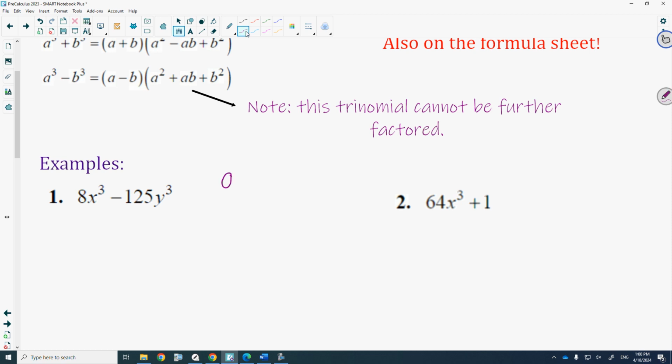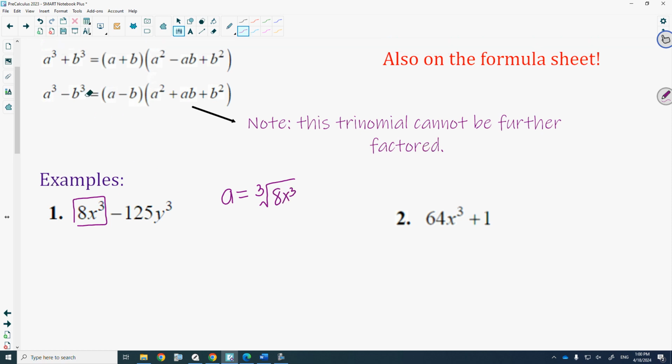So A is going to be the cube root of this. So A is going to be the cube root of 8x cubed. Because if I could figure out what A is, the formula for factoring a difference of cubes is going to be A minus B. So A is going to be the cube root of this first term.